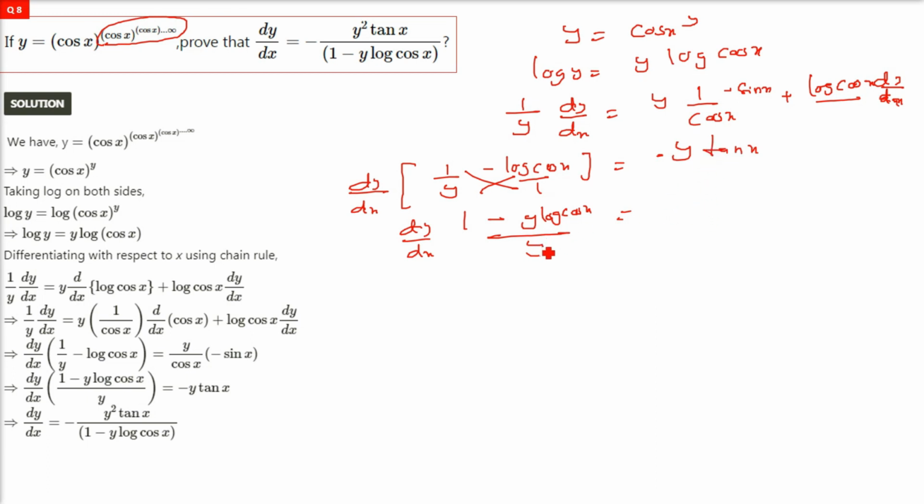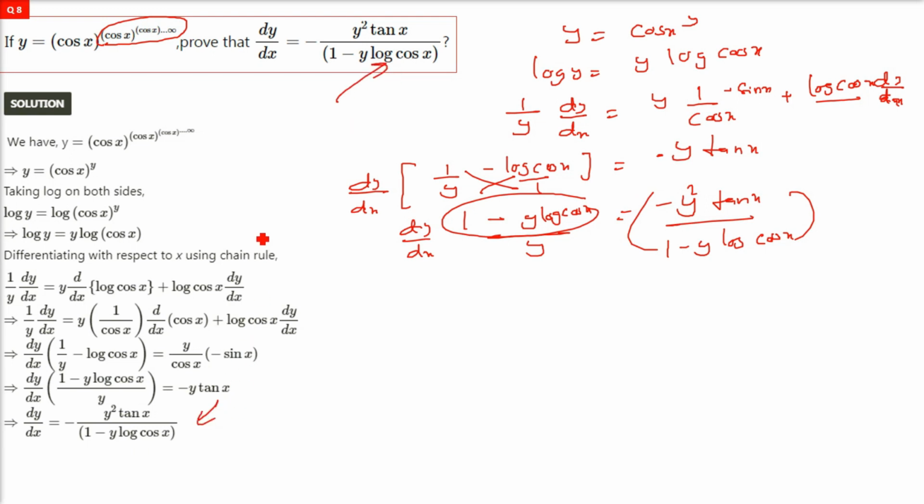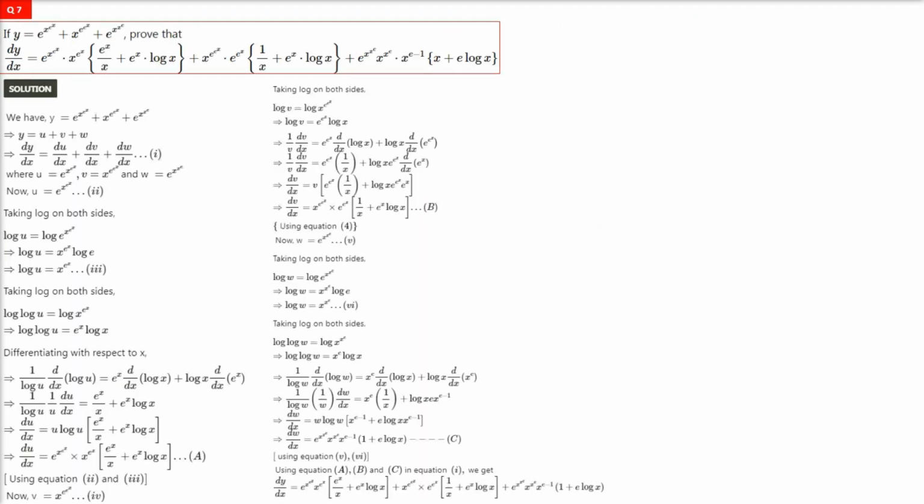So numerator will be denominator and denominator will be numerator on the right. So minus y square tan x, this is in the denominator, 1 minus y log cos x. Okay, this is the answer, dy by dx. Please remember, we have taken log, differentiating this you all have to write by yourself.